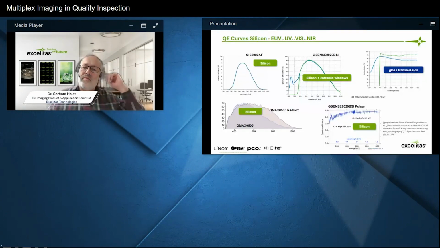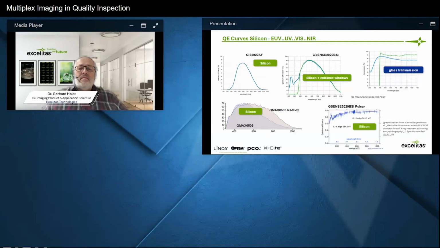Usually, manufacturers of image sensors and camera manufacturers try to give you this information by properly measured quantum efficiency curves, such that in advance, if you know your application has a certain requirement to have absorption, for example, in the visible, or to have absorption in the near infrared, then with these curves, you might be able to select the proper detectors or cameras that could do the job for your application.